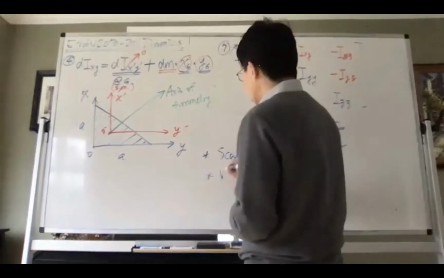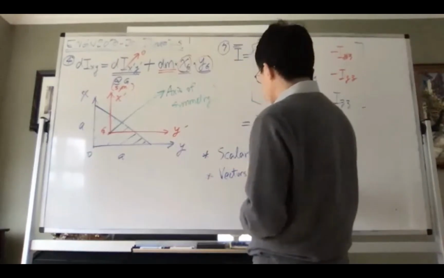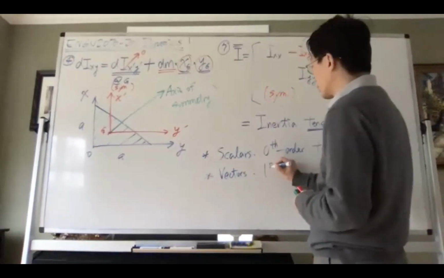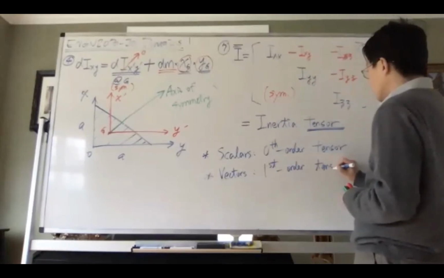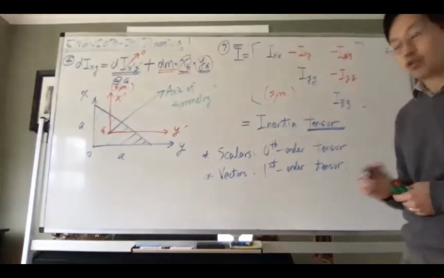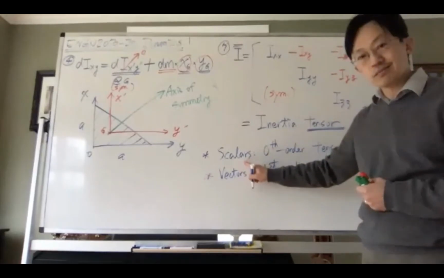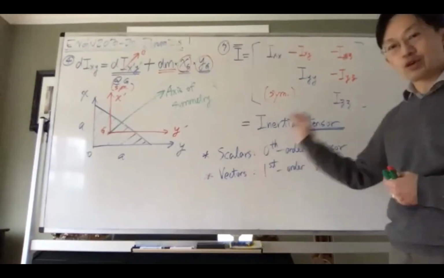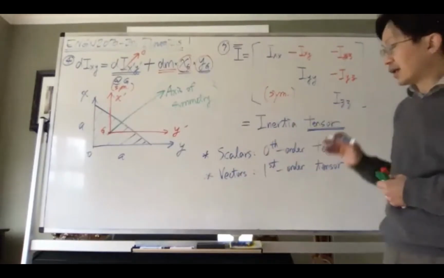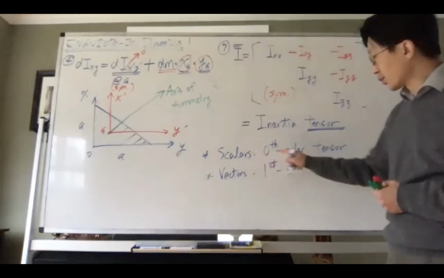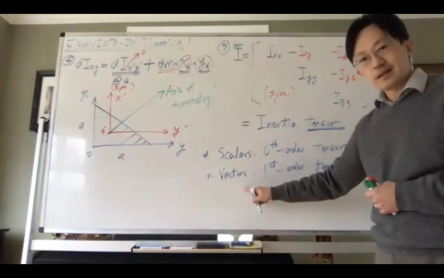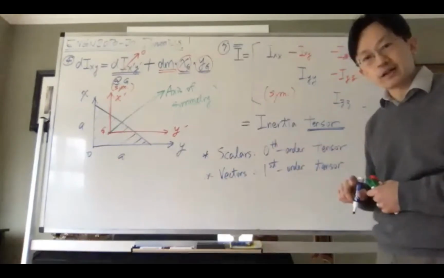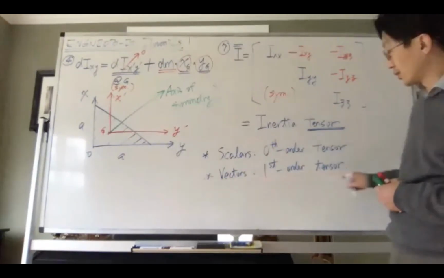Vectors, what we call first order tensor. Of course, what are scalars? Like amplitudes, 1, 2, 3, 4. They are scalars, and mathematically we call them zeroth order tensor. What are vectors? Like the velocity vector, acceleration vector, displacement vector, they are what we call first order tensor.